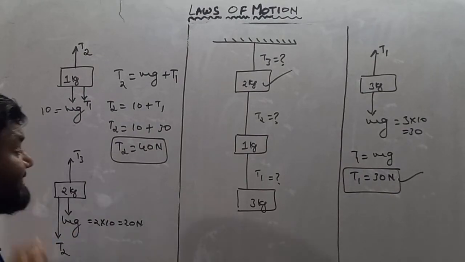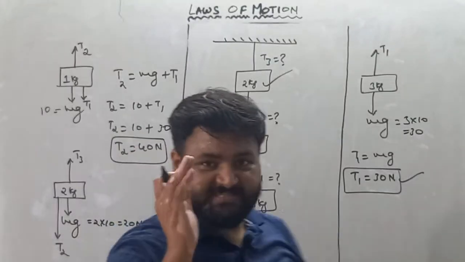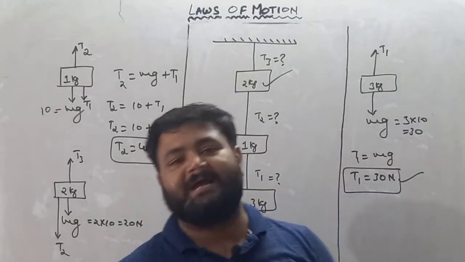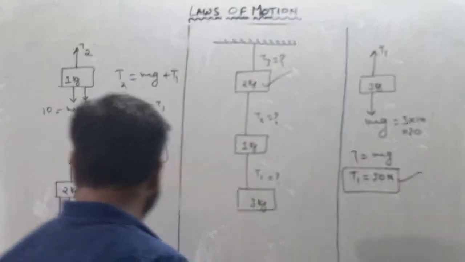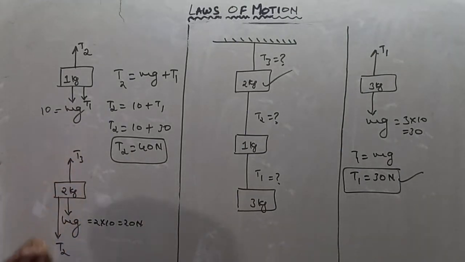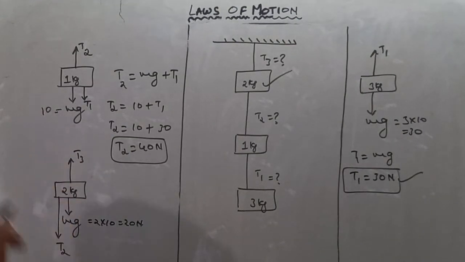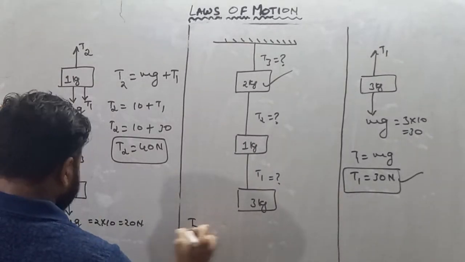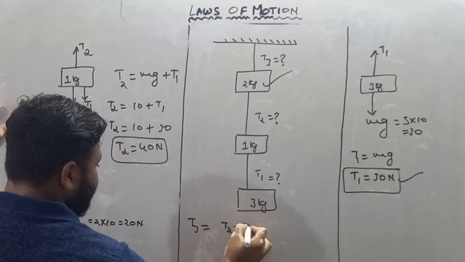Now see, the system is in equilibrium. So forces are equal in magnitude and opposite in direction. In the upward direction, T3 is there, and in the downward direction, two forces are present. One is mg and the second is T2. So we'll write T3 is equal to T2 plus mg.